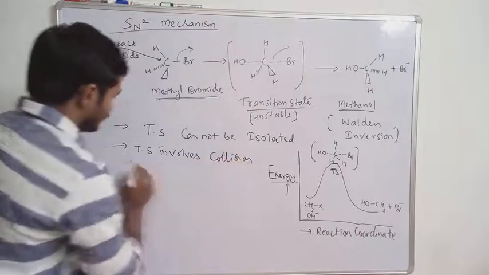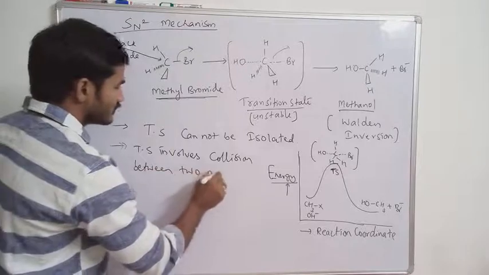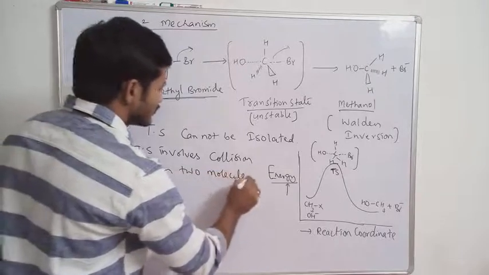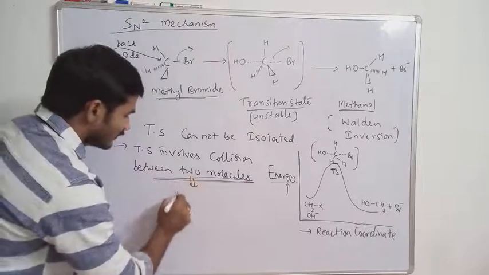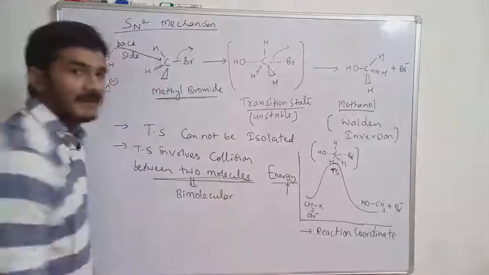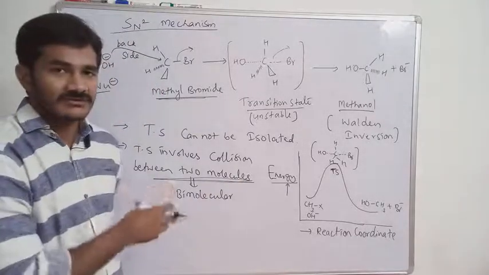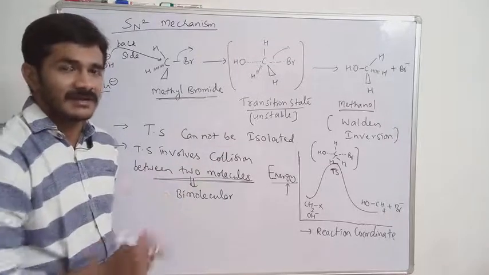As two molecules undergo collision, this type of reaction is said to be bimolecular. They form the transition state, which is unstable. It is said to be a bimolecular reaction.